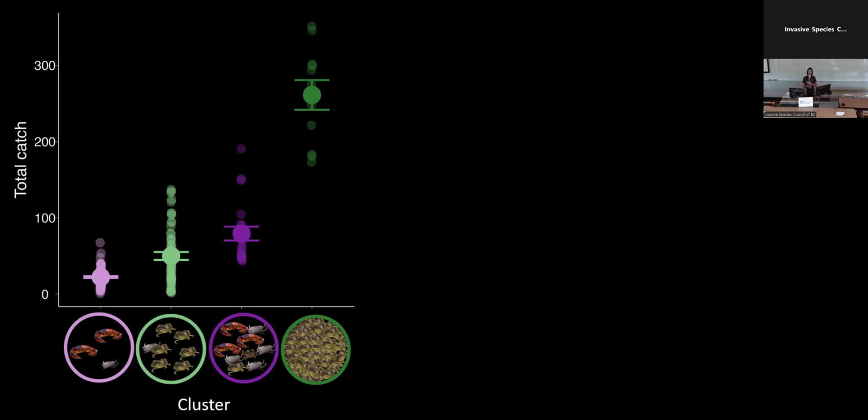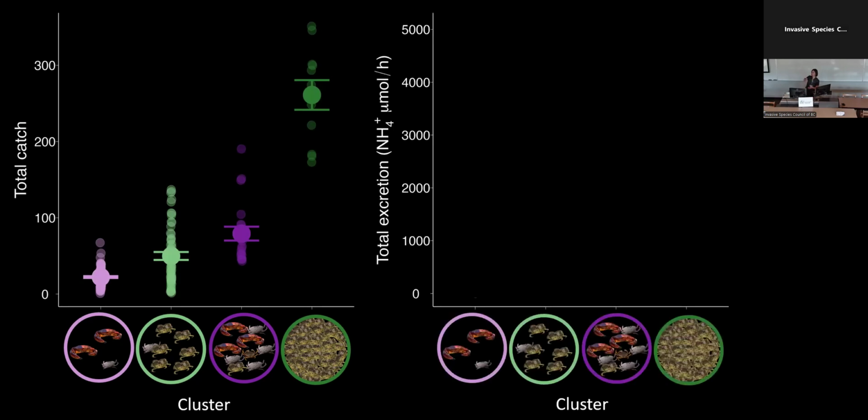As we expected, when there's lots of green crabs, there's lots of green crabs. This wasn't particularly surprising, but it's most exciting in contrast to our excretion data, where we calculated the total excretion for the community.